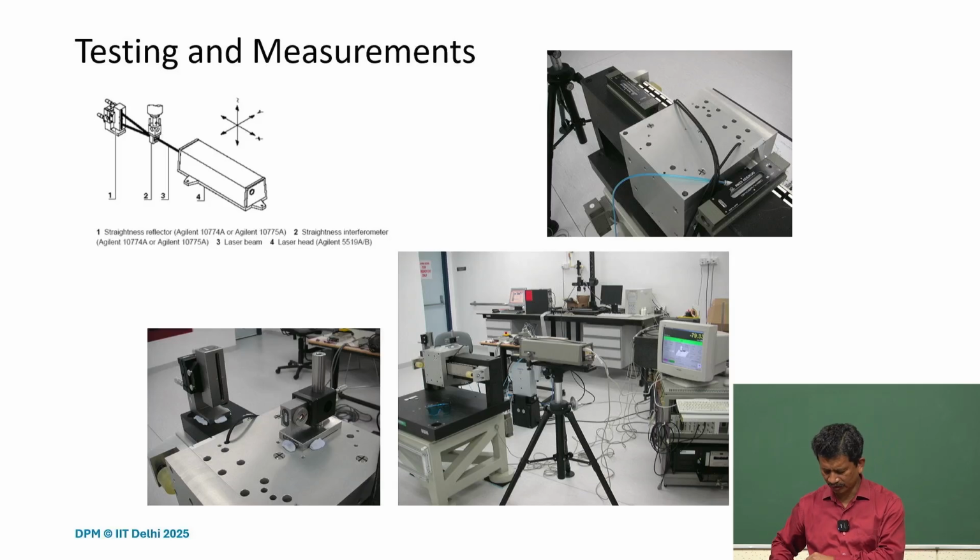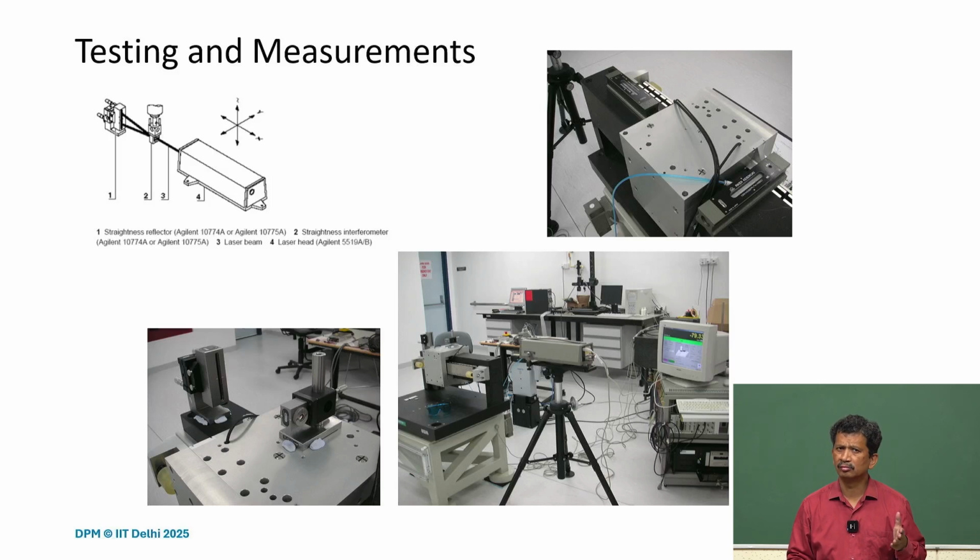The other requirement is, of course, we need to characterize, we need to see, measure, and we should be able to measure to that level. These days, I think the micron is already a big number, so it should be sub-micron level measurement we want to do.